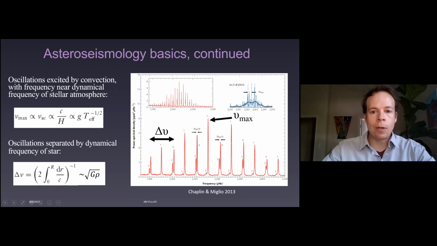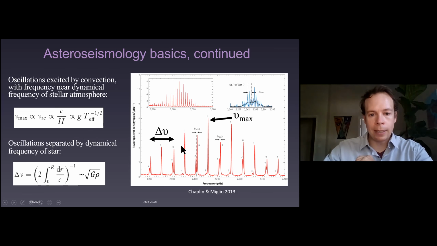So nu max is more or less the convective turnover frequency at the outer edge of the star. That excites pulsations of about the same frequency. So it turns out that that frequency is proportional to the surface gravity of the star. So if we measure nu max, we get a good measurement of the surface gravity of the star, just from the light curve, which is really great.